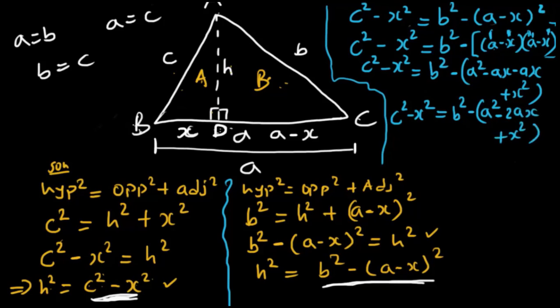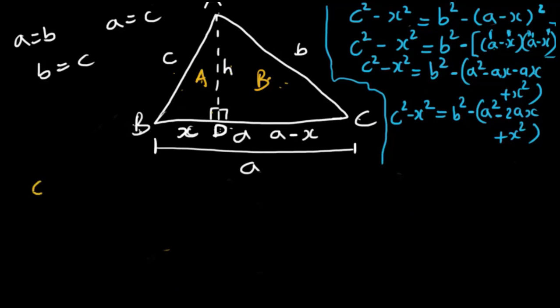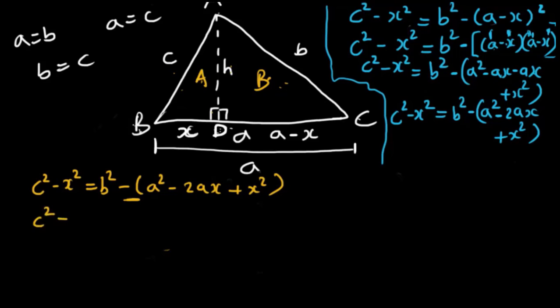Do you understand this? Alright, let me rub off this side so we can have it in a clearer way. So remember, I have c squared minus x squared equals b squared minus (a squared minus 2ax plus x squared). Open this bracket, so we'll be having c squared minus x squared equals b squared.